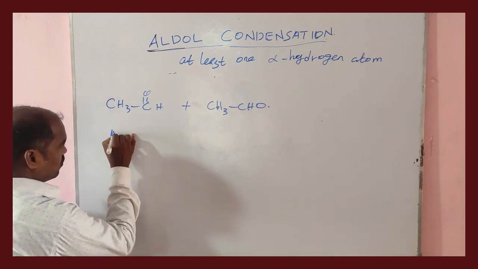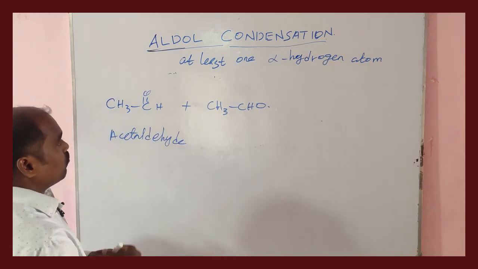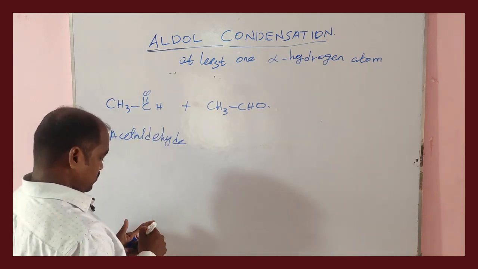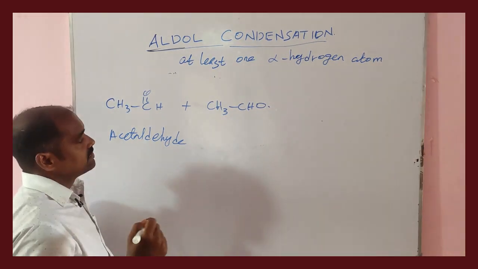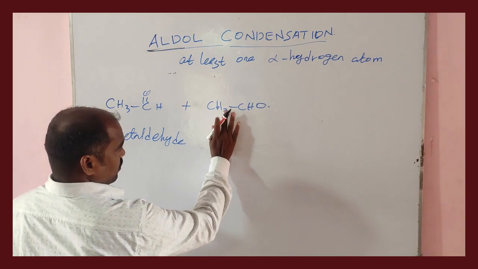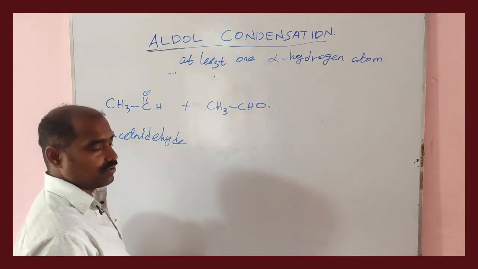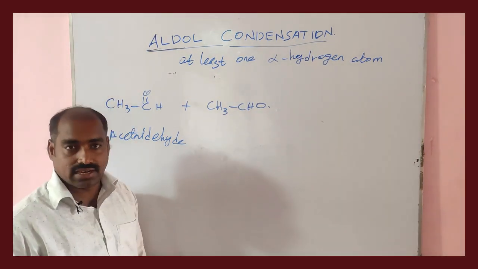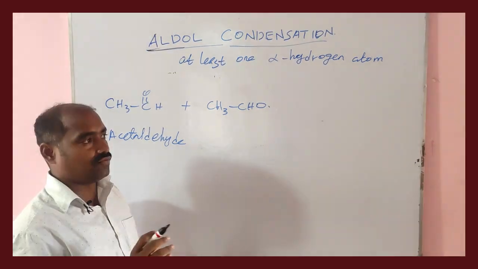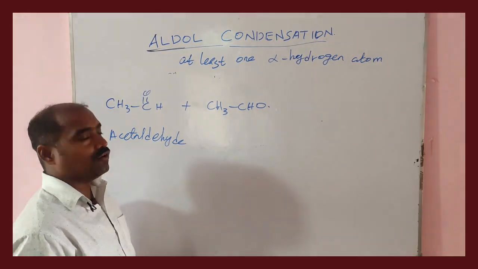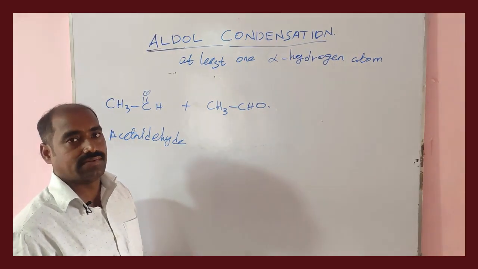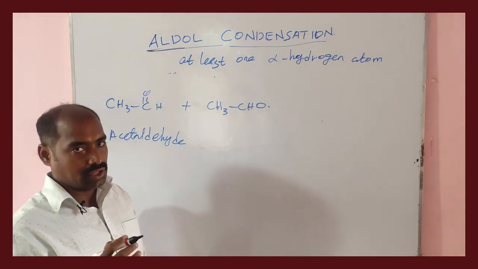See, this is the acetaldehyde. Here both are acetaldehyde only. One acetaldehyde is the reactant, and another acetaldehyde is considered as a reagent. You know electrophile and nucleophile. Electrophile means electron loving; an electrophile always attacks where electron density is more. A nucleophile is nucleus loving; a nucleophile always attacks where electron density is low.